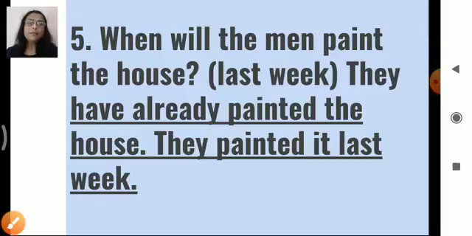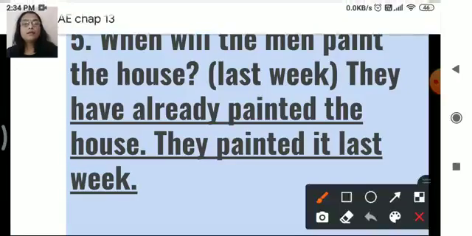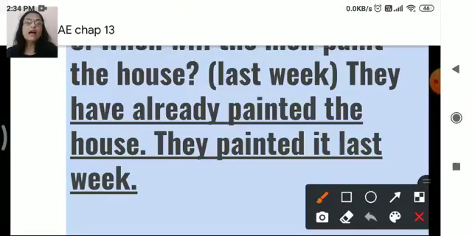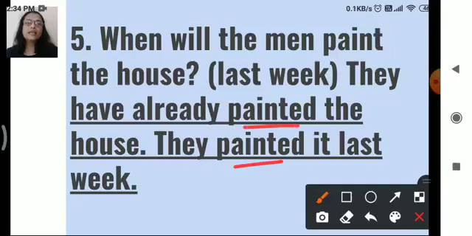When will the men paint the house? Last week. So answer will be, they have already painted the house. They painted it last week. So our past participle and the past tense is same here. Right? They have already painted the house. They painted it last week.